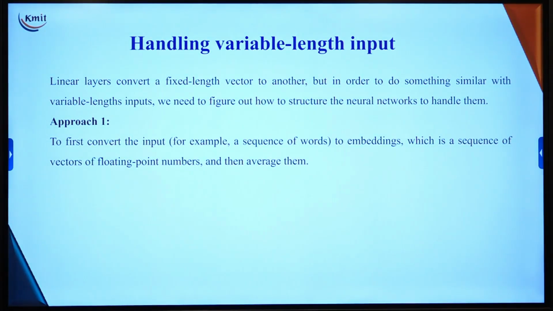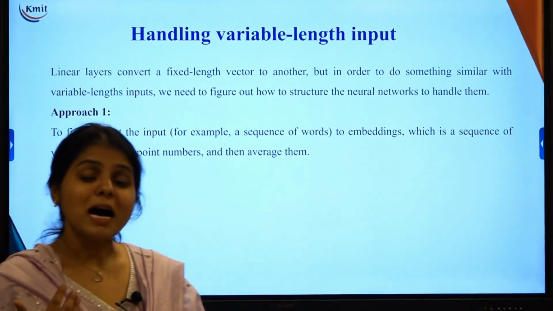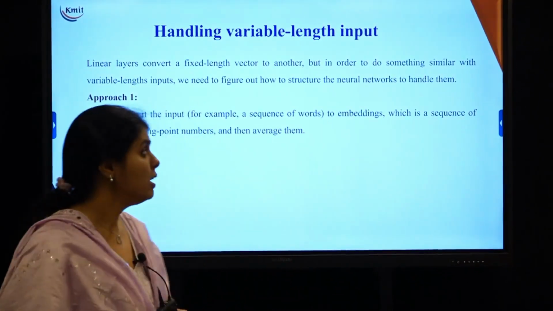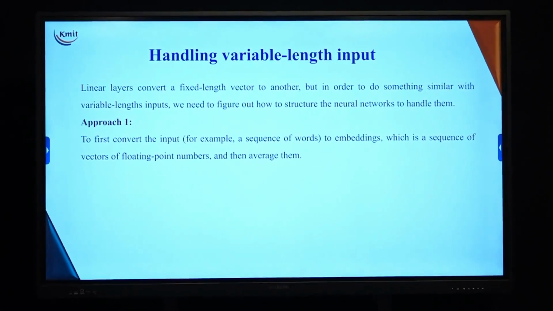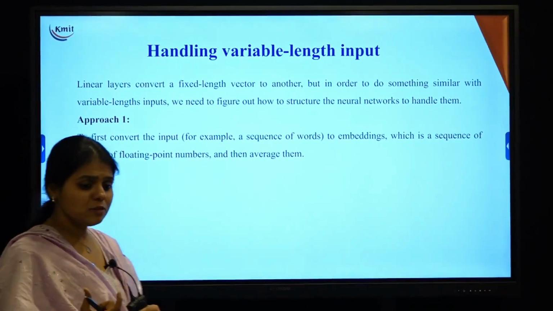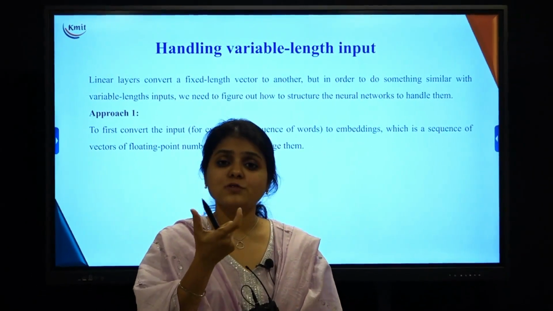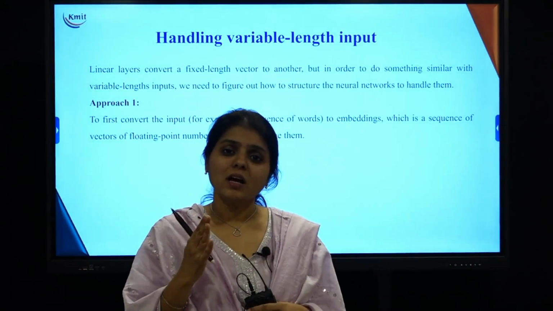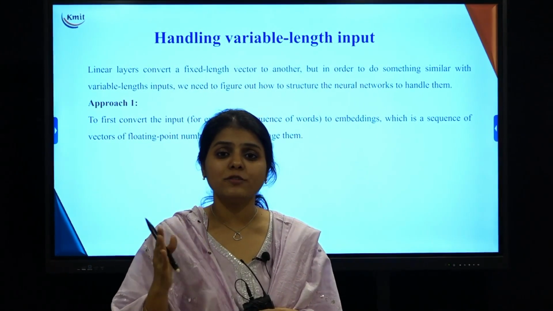Now when I talk about RNNs, firstly let's discuss how RNNs handle variable length inputs. When I process a sentence, the first and foremost step is that the sentence is tokenized. When I say "I am Asha", this given sentence which has 3 words would be tokenized into 3 different tokens.